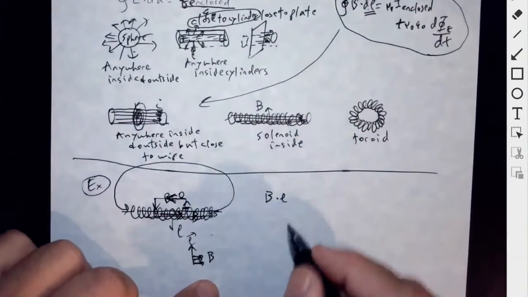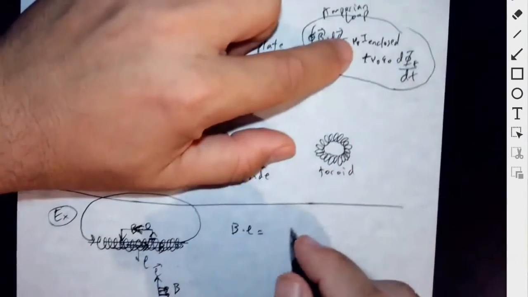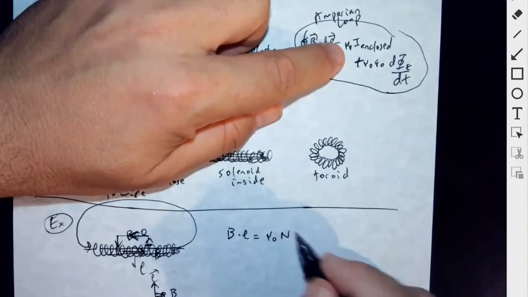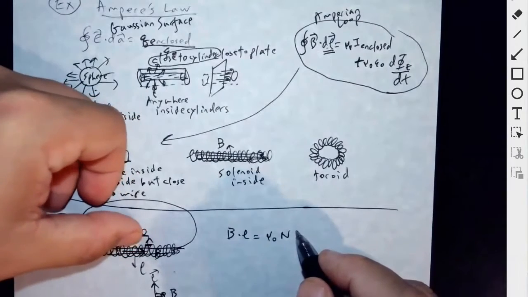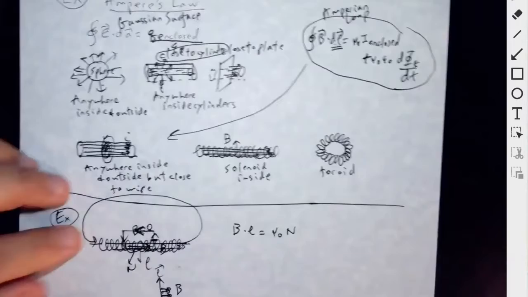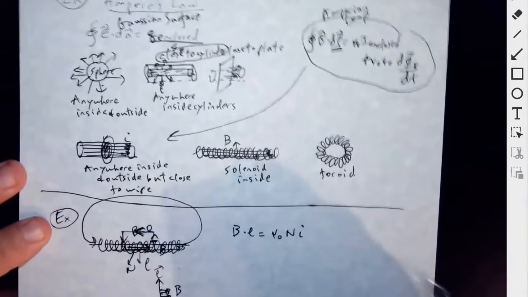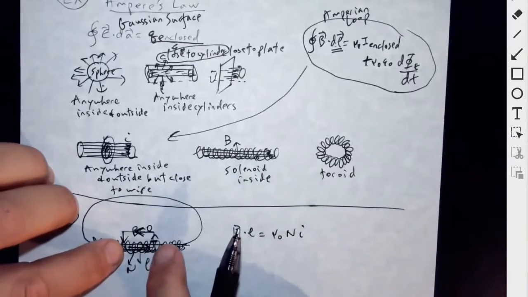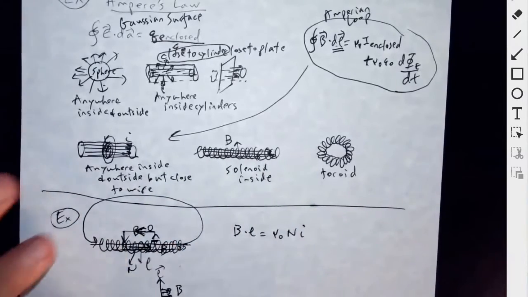And then that's going to be equal to mu0 times the number of turns that is included within that length, times the current enclosed. So the current enclosed from here to here essentially. And then that's it basically.